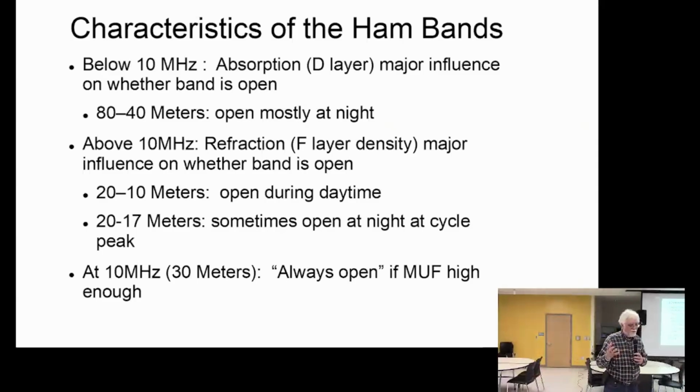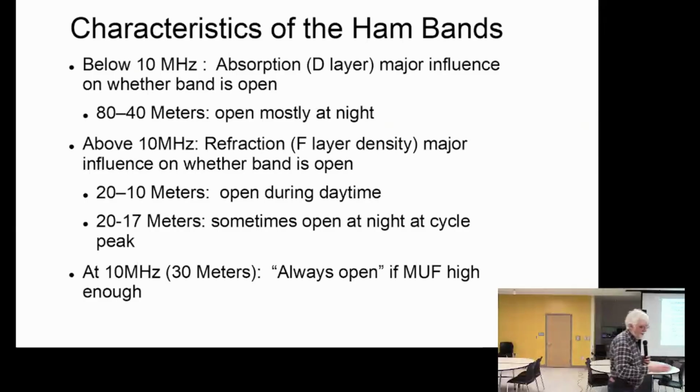When you have high solar activity and a high number of high electron density, you can sometimes get 10 meters open at night, but it's still a little rare.